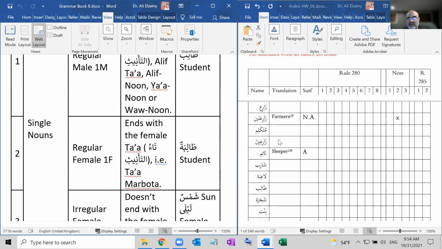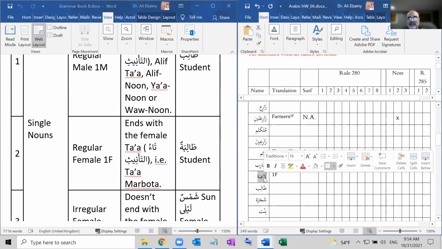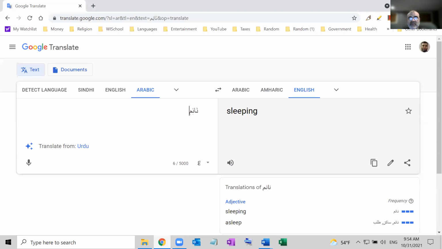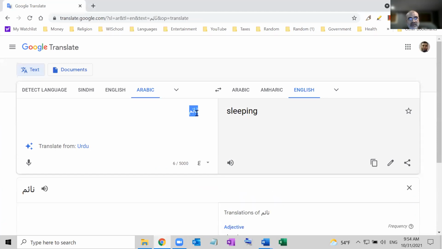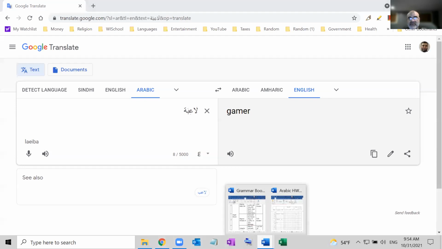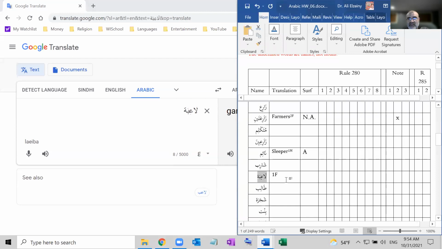So I know now it's 1F. I want to find out the translation, so I go to Google Translator. لاعبة is gamer or player. Player is more appropriate. You can use gamer if you want, but I prefer to use player.